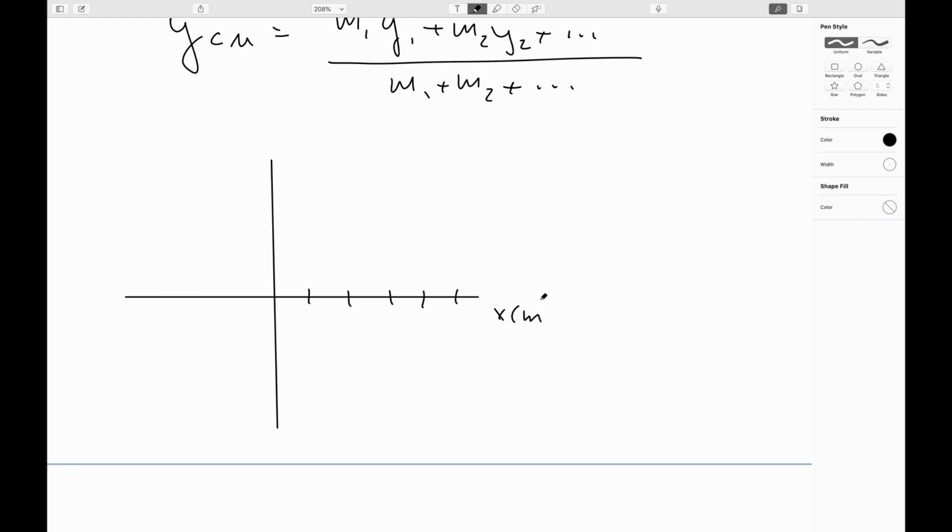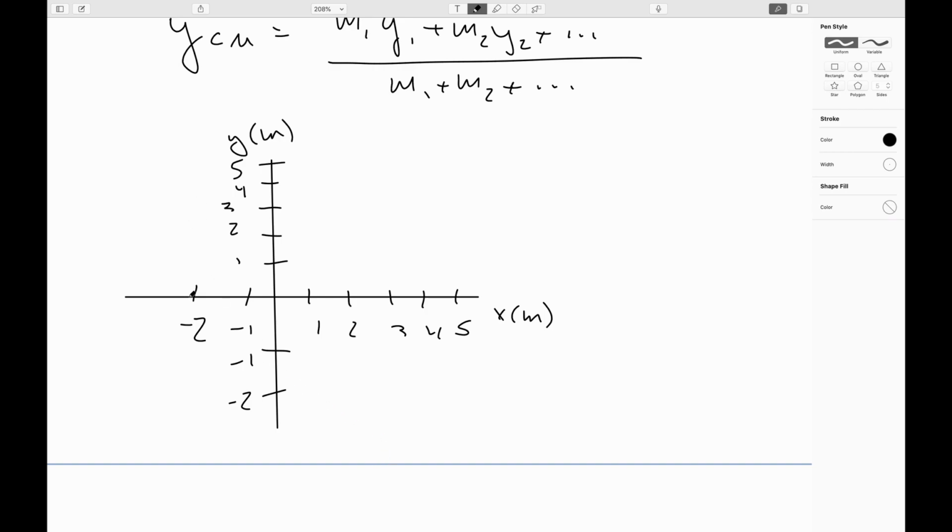This is x in meters. This is y in meters. Oops, -2. Then we'll extend this down. -1, -2. All right.